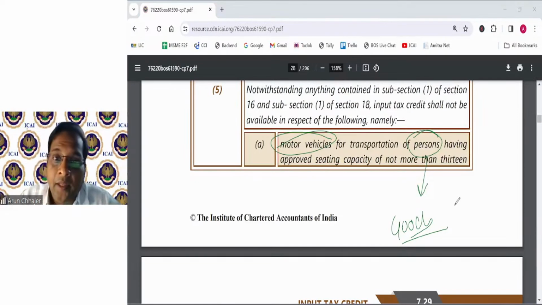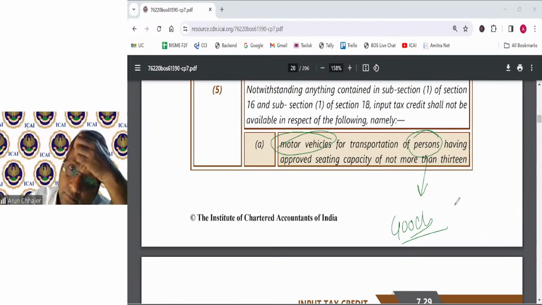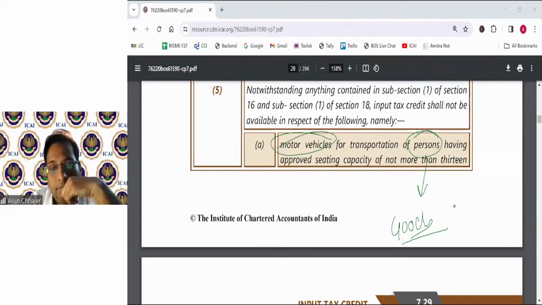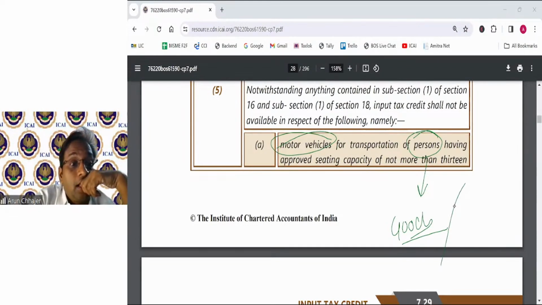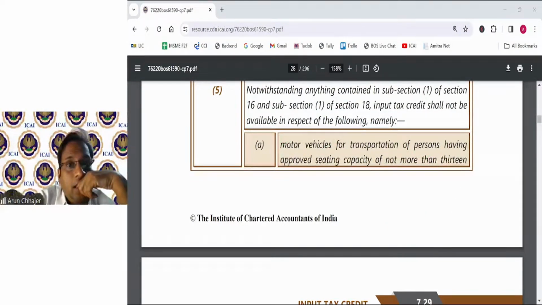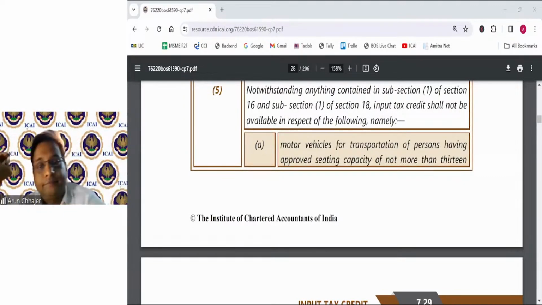Tell me, if I have purchased a vehicle which is for transportation of goods, can I take the ITC?